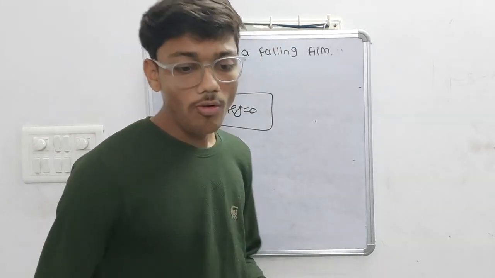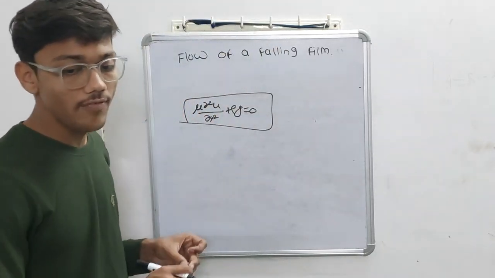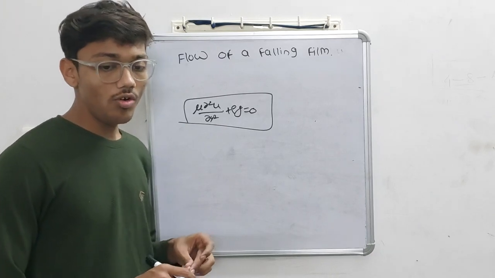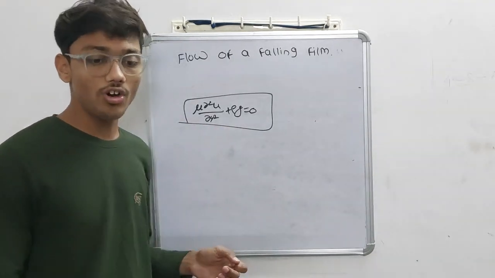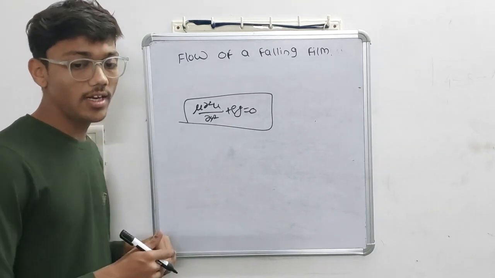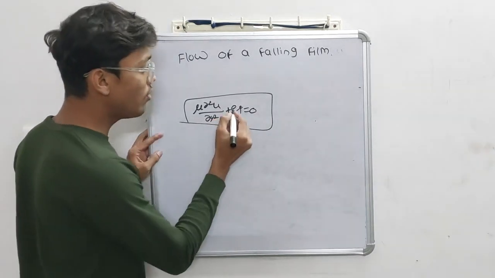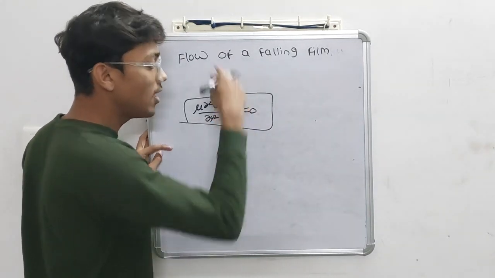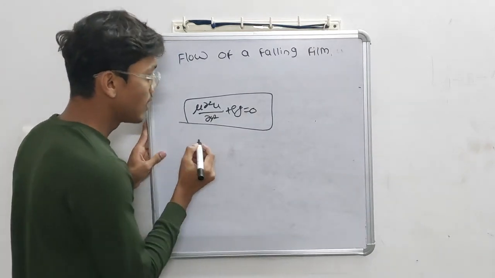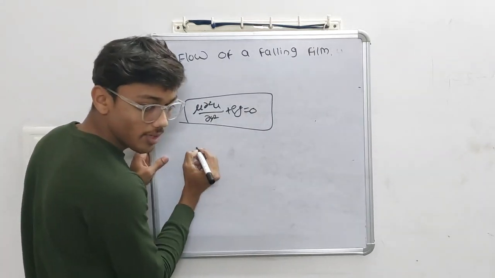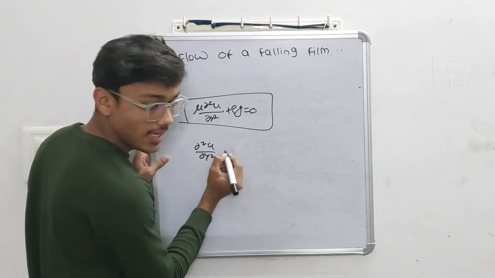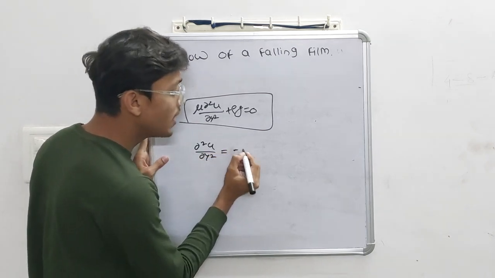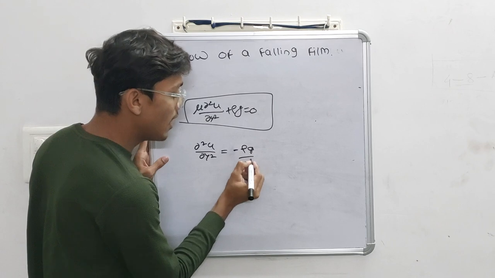Now, to solve this second order ordinary differential equation, we take rho g to the right side. So we get dou square u by dou y square equals minus rho g by mu.